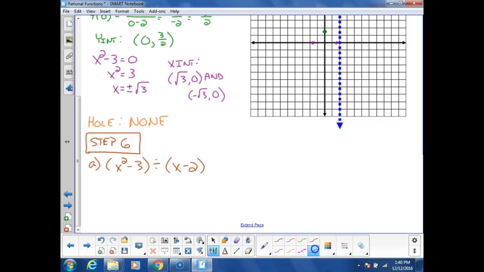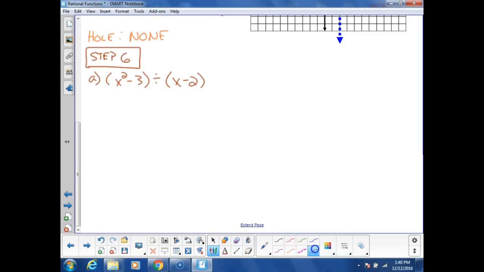But if you're doing synthetic, it would be nothing. If I do synthetic, first I'm going to say x minus 2 equals 0, so x equals 2. So then the 2 goes on the outside. Then the coefficients of 1, 0, negative 3 go on the inside.